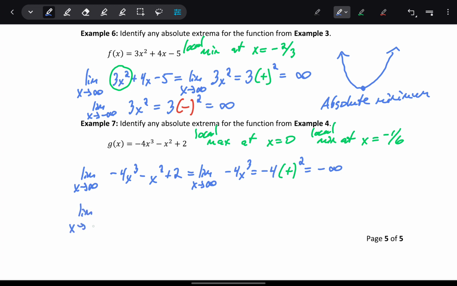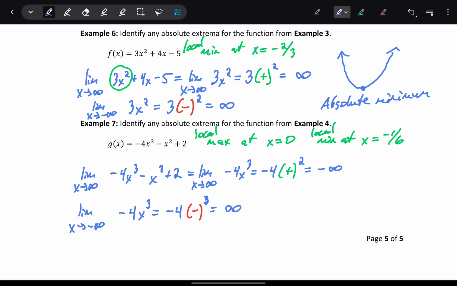And the limit as x approaches negative infinity of negative 4x cubed will be negative 4 times some very, very, very small negative number cubed. A negative number cubed will stay negative, so we get a negative times a negative, which yields positive infinity.